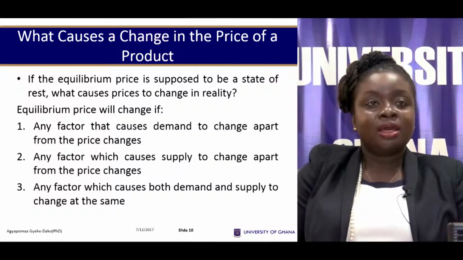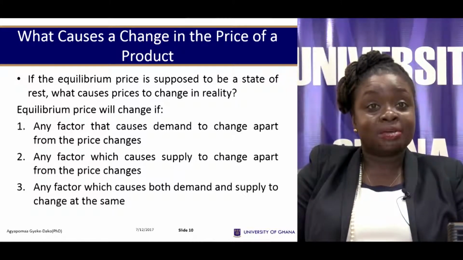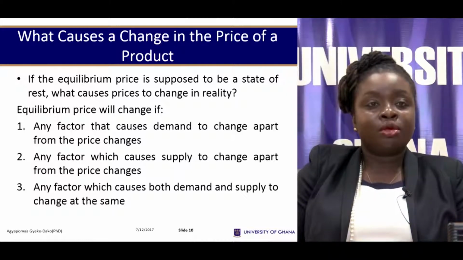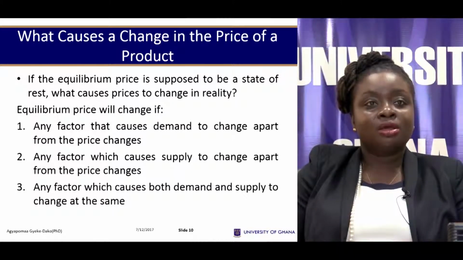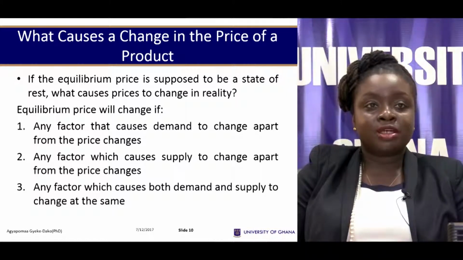So here, if you find any of the factors that influence both demand and supply, apart from the own price of the product, changing simultaneously or at the same time, then you can find the equilibrium price changing as well.